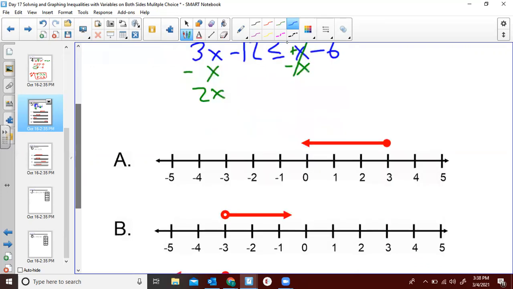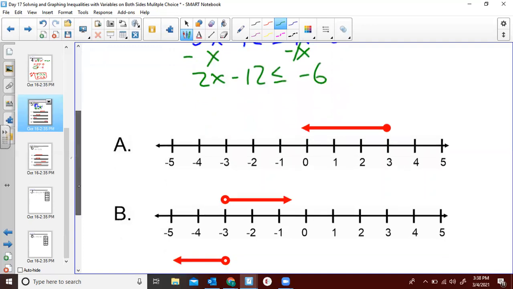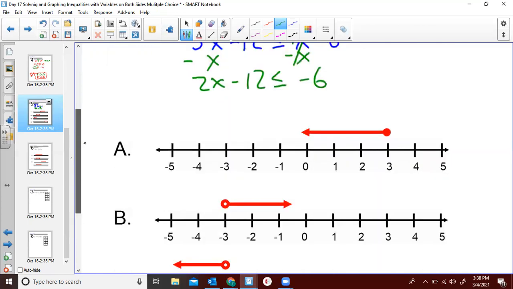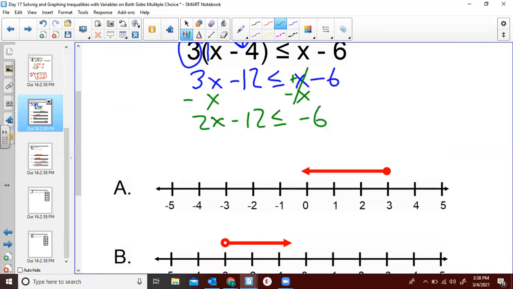All right, back to where we were, bring down what we didn't use. From here, we want to get this 2x by itself, so we're going to add 12 to both sides.